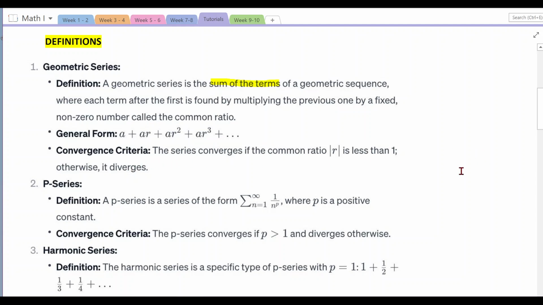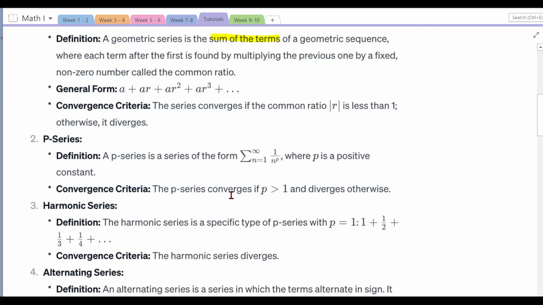However, if the absolute value of r, which is the ratio between the next term and the earlier terms, is equal to or greater than 1, then the series diverges. That's the convergence criteria for geometric series.